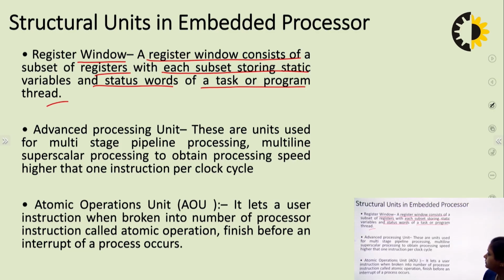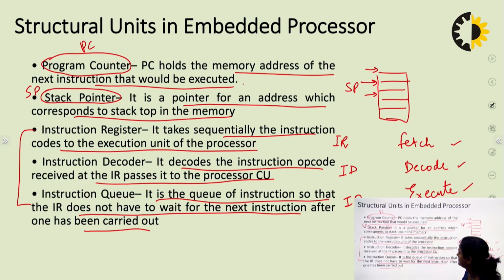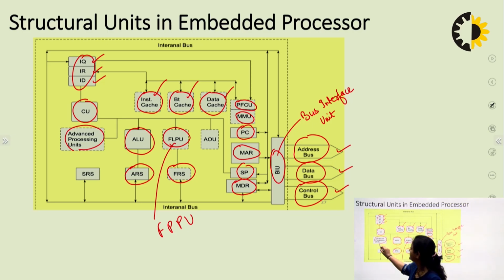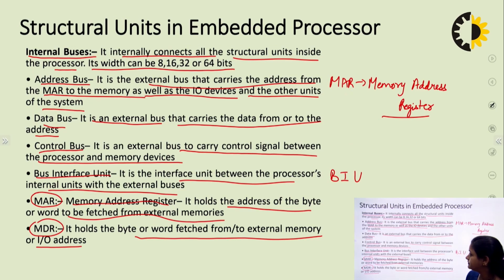Then we have APU, Advanced Processing Units. Let us locate. These are the Advanced Processing Units. It is again with a dashed line, which means it may or may not be present, because many of the basic processors do not have Advanced Processing Units.